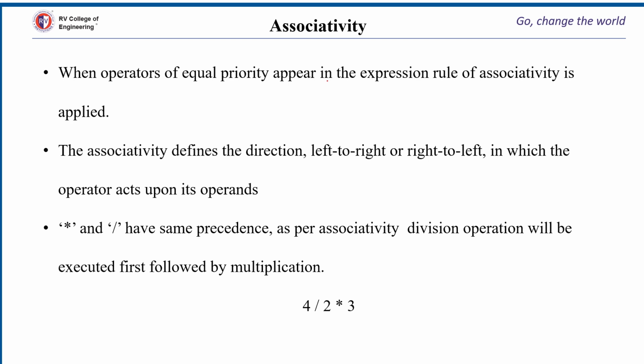Now there is one more rule. What if I have in an expression 4 into 3 divided by 2? As per the precedence, multiplication and division have the same precedence. That means if operators of the same precedence appear in an expression, what is to be done?